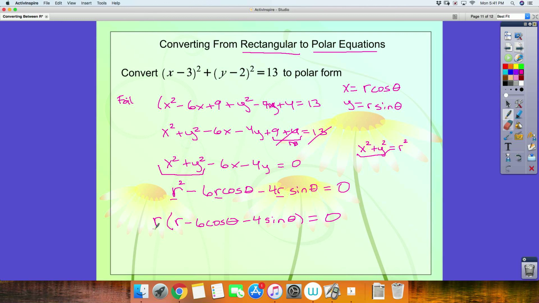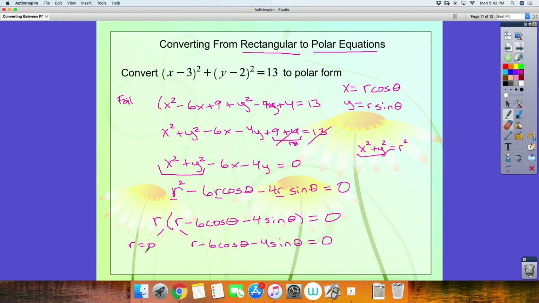And then remember our rules, we have to set each one of these equal to 0. So you get r equals 0, and you get our whole equation, r minus 6 cosine theta minus 4 sine theta equals 0.